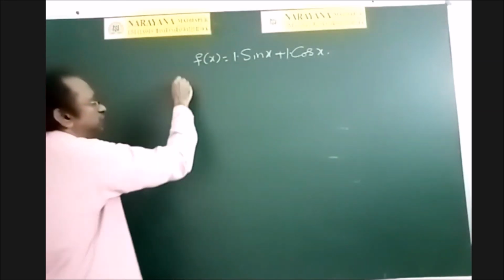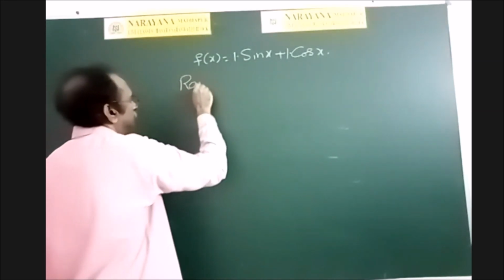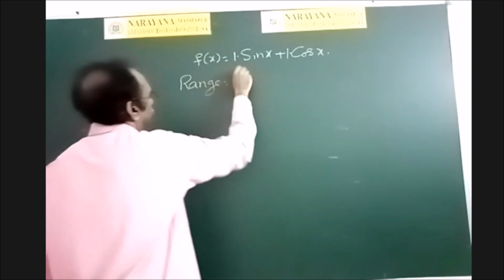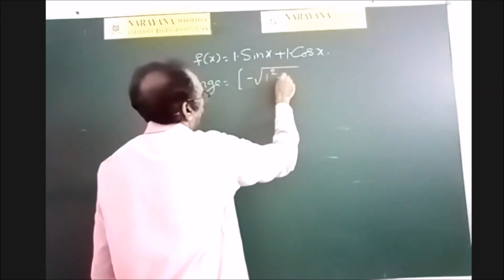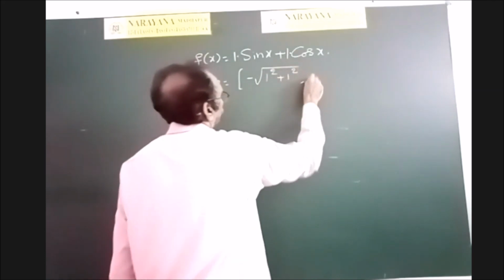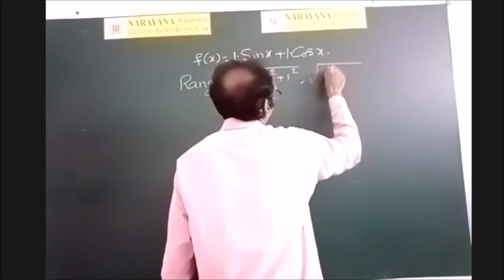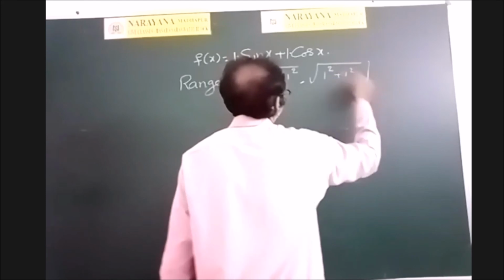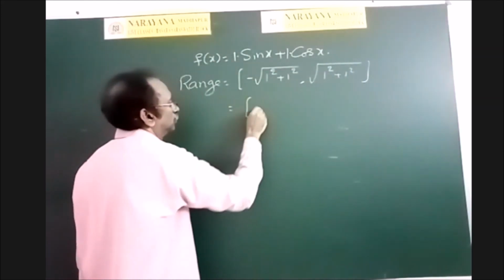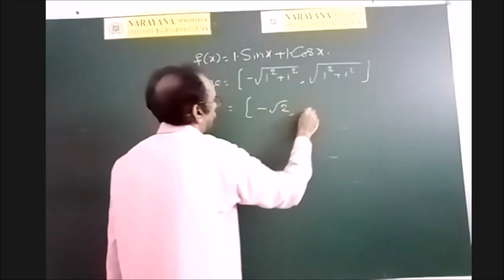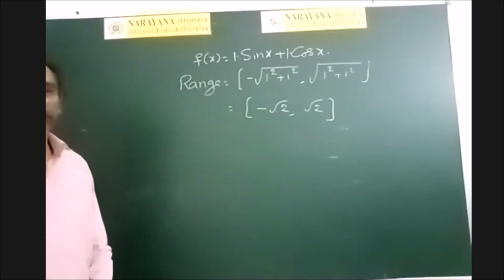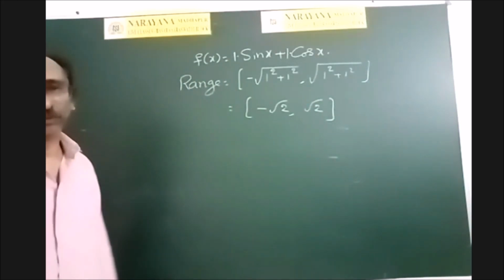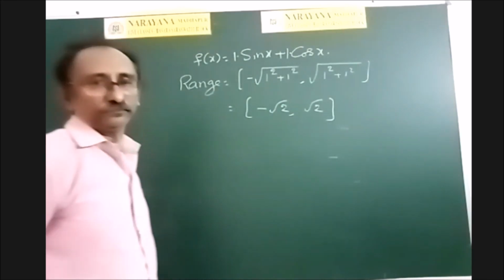And therefore range is minus square root of a square plus b square, square root of a square plus b square. So that is equal to minus root 2 comma root 2. So minimum value is minus root 2 and maximum value is plus root 2. Okay.